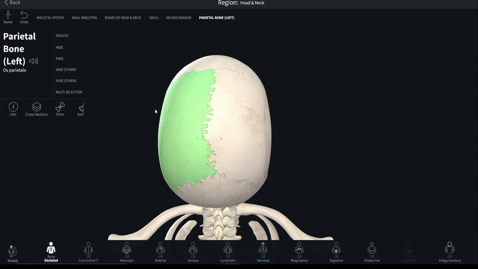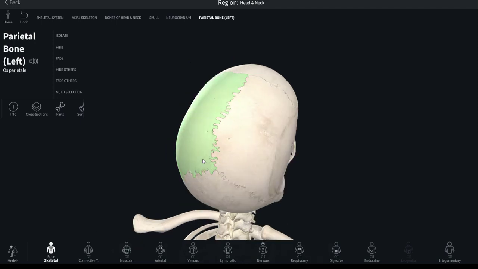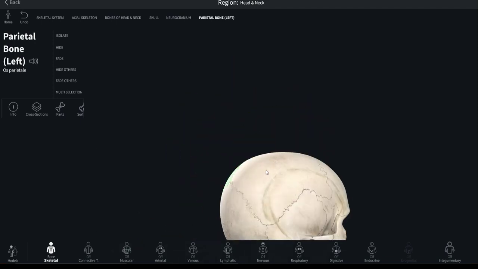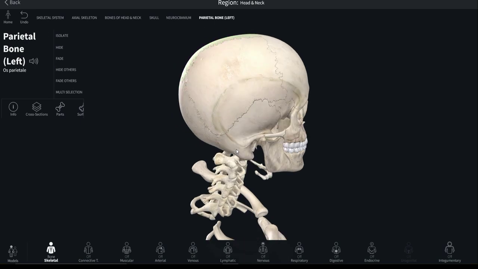So for lodging the sigmoid sinus along the postero-inferior angle, which is this, there has to be a groove present, right?